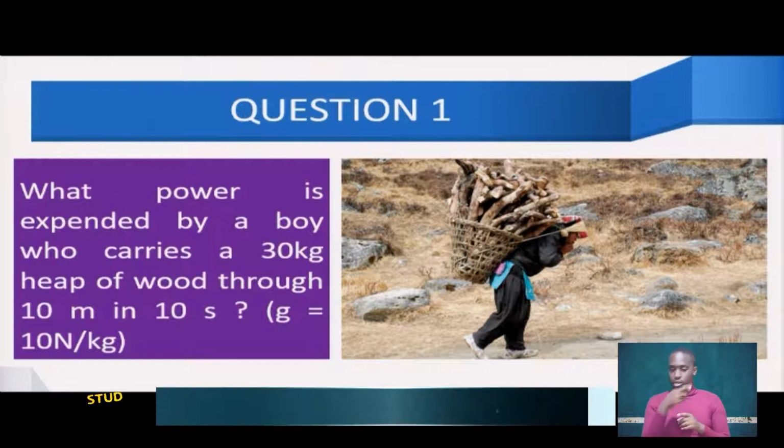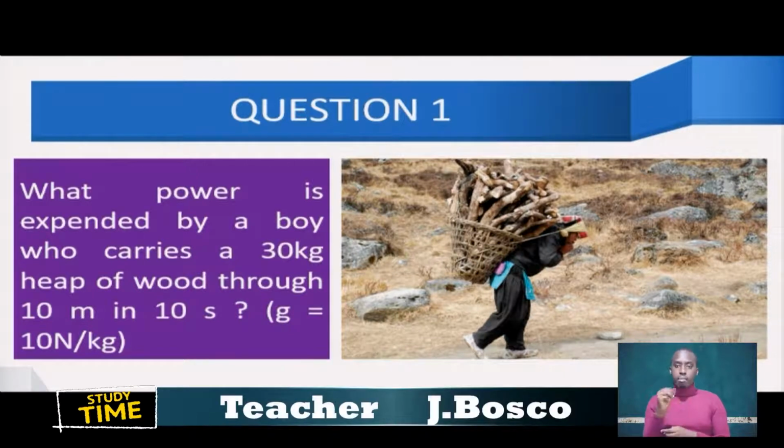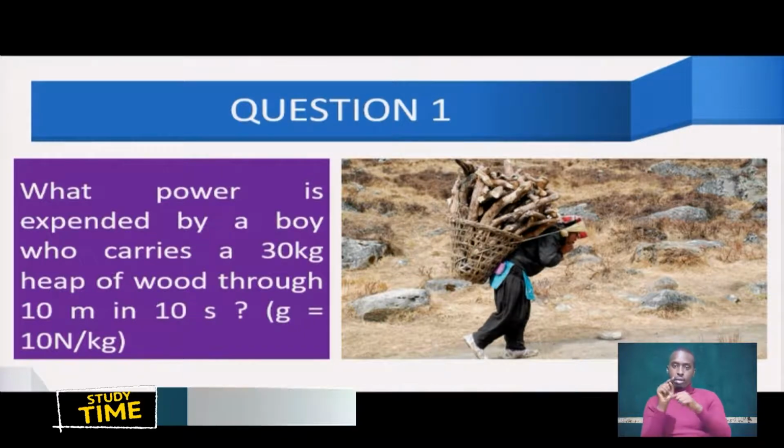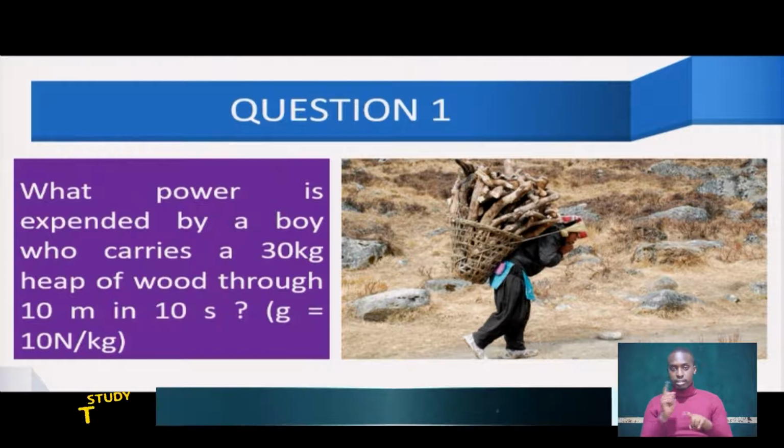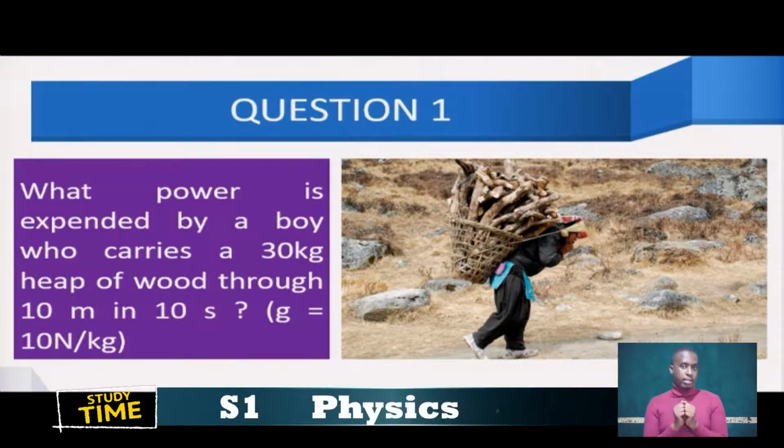And that's why this is going to be mg instead of force, then times the distance, then we shall divide that by what? By time. So mg is what we have got here. So that becomes 300, then times the height, which is the distance, which is 10, then divide it by the time. Time, I didn't note it down, but time is given as 10 seconds. So we shall divide this one by 10 seconds.